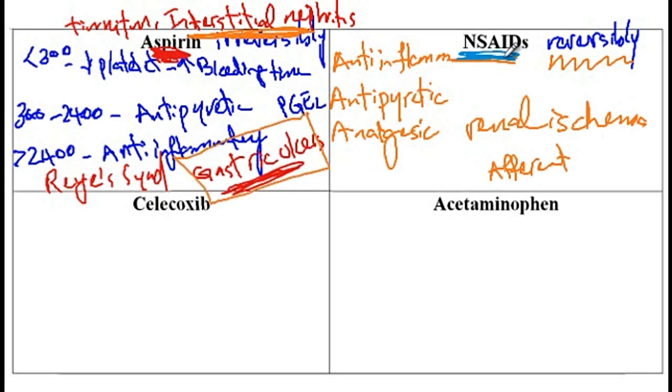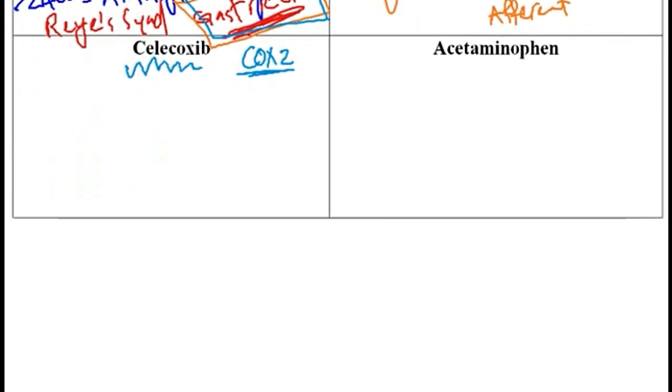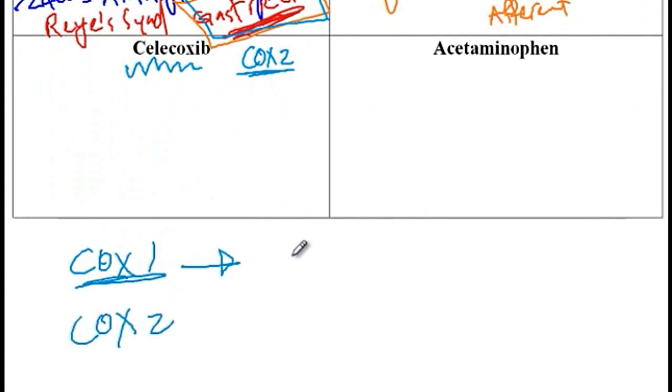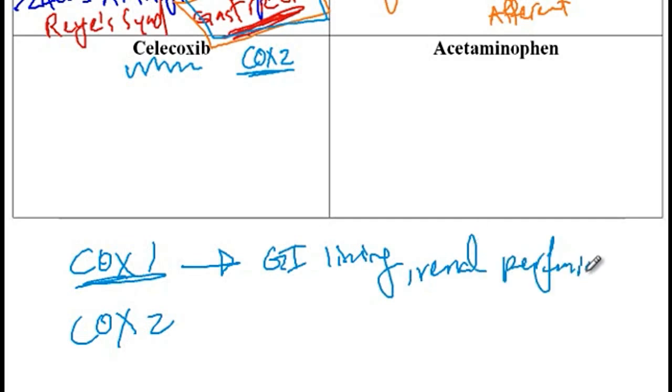So given that the NSAIDs and aspirin are both causing gastric ulcers, then we have this other medication called Celecoxib, which selectively inhibits COX-2, and thus by not inhibiting COX-1, this medication is not associated with gastric ulcers. So let me differentiate between the physiological function of COX-1 and COX-2. COX-1 is the enzyme that produces prostaglandin that maintains the GI lining as well as renal perfusion and helps in blood clot formation.